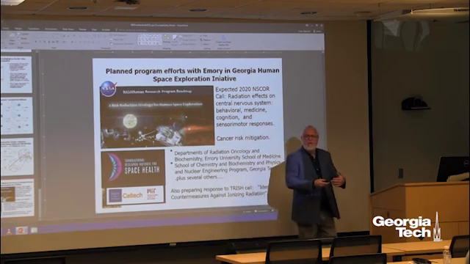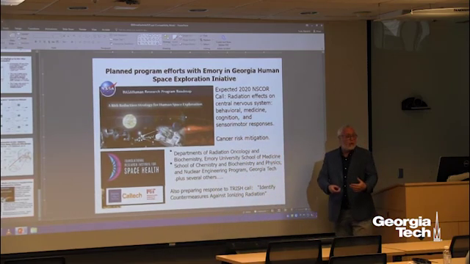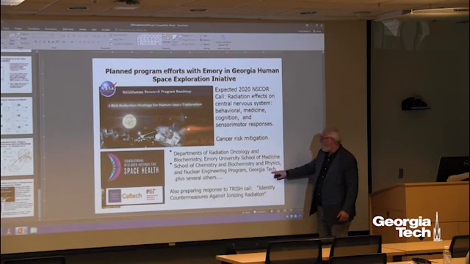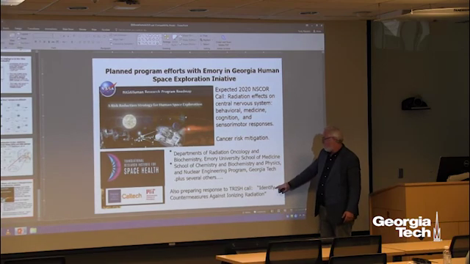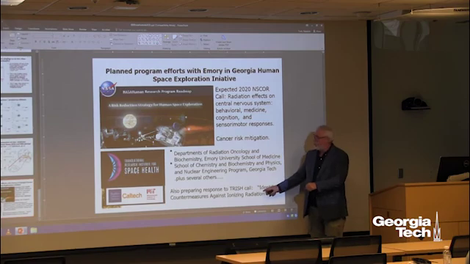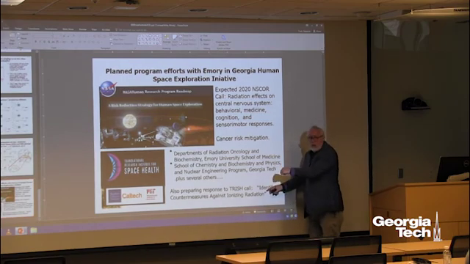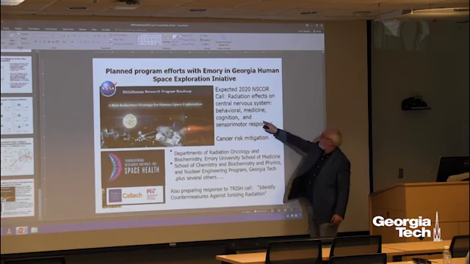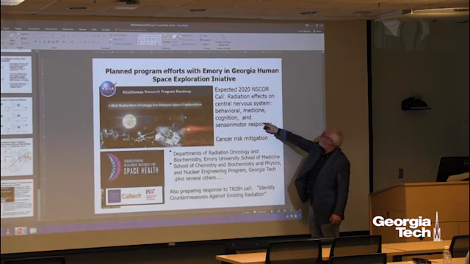It's about a $150 million program for translational research for space exploration. They have a call out right now that we're looking at to identify countermeasures against ionizing radiation. There's carcinogenesis in this, but it's actually really focused towards neuro. It's neuro here and neuro here, and this is coming out right now.